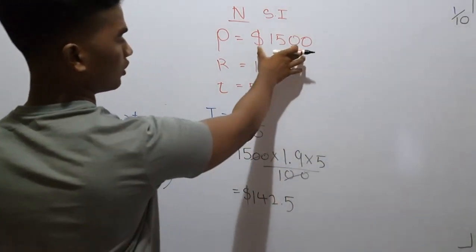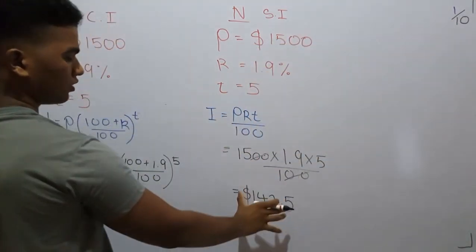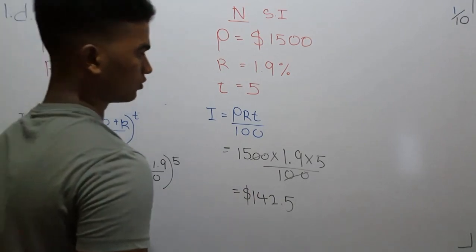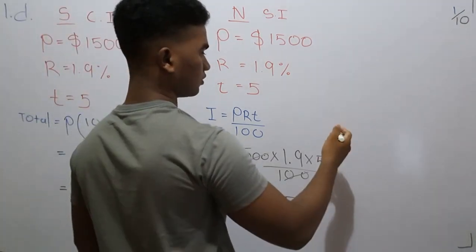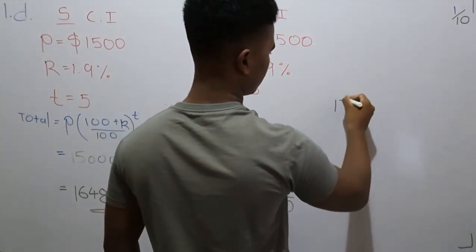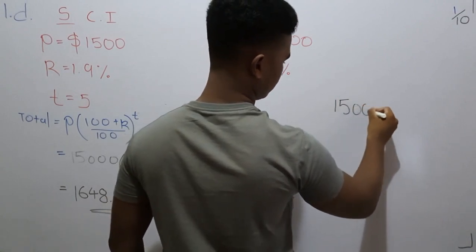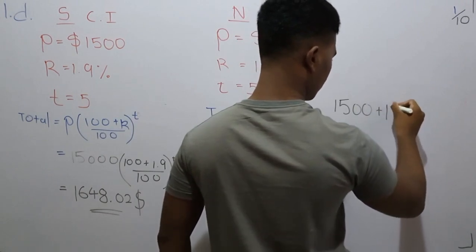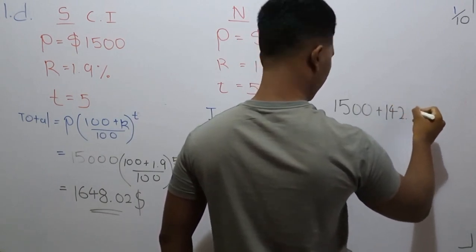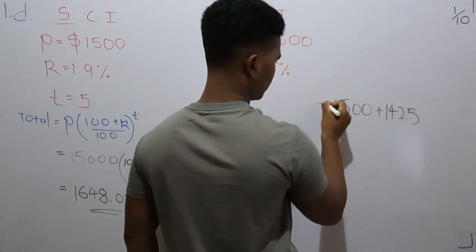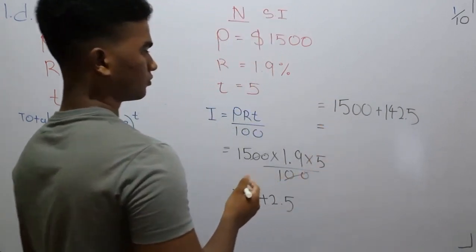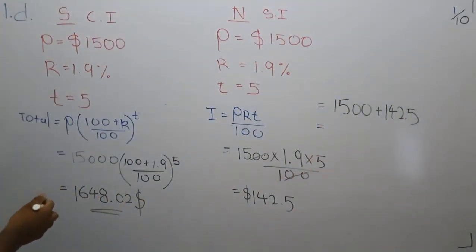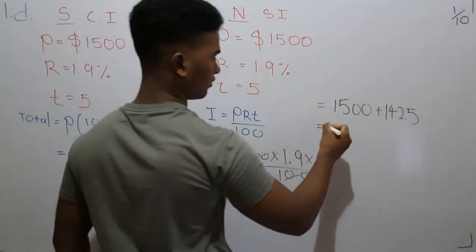So to calculate the total, you should add the invested value plus the interest value. So 1500 plus 142.5, which is equal to $1642.5.